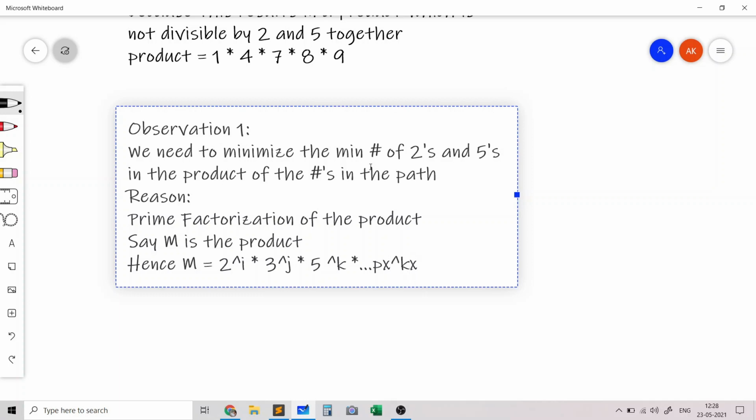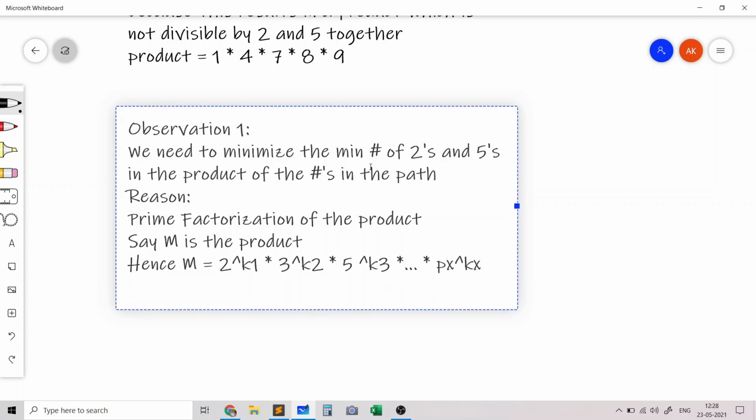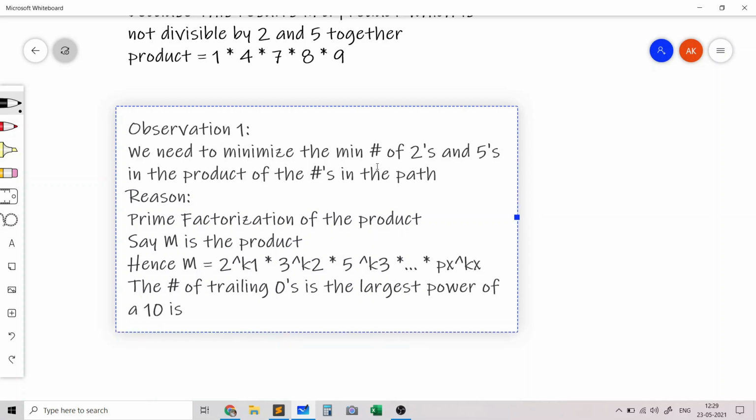So if these were k1, k2, k3, then the last prime factor is p_x raised to k_x. So then we realize that the number of trailing zeros is the largest power of 10 in m.